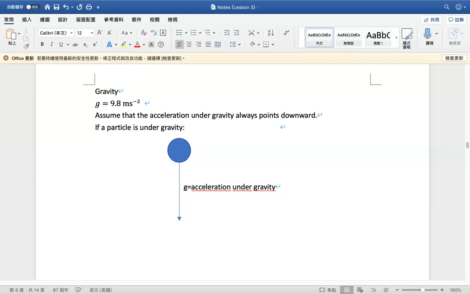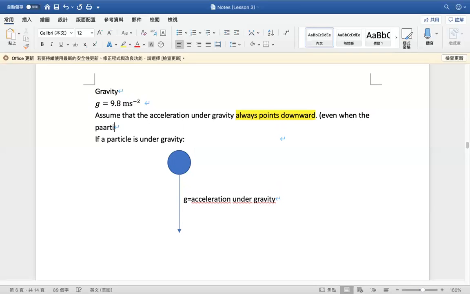Now that's a very important concept here. It always points downward. It doesn't matter whether the particle is going up or going down. Even when your particle is going up, the acceleration is still going down. That's the point. So when the particle is going up, then g would be negative, right? It depends on which direction you choose to be positive.